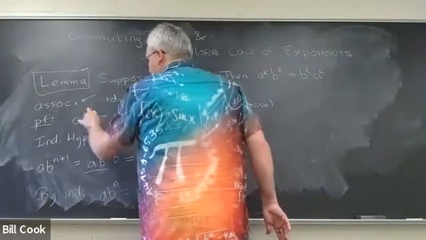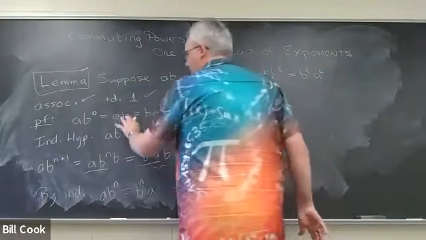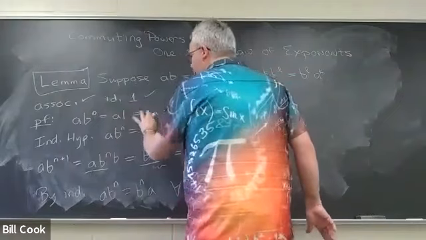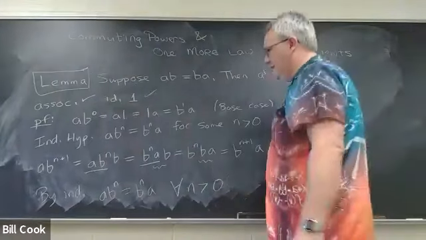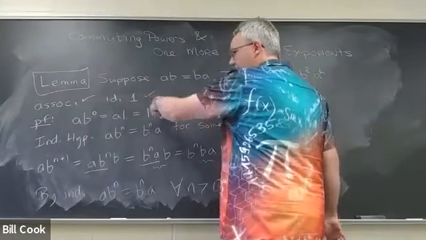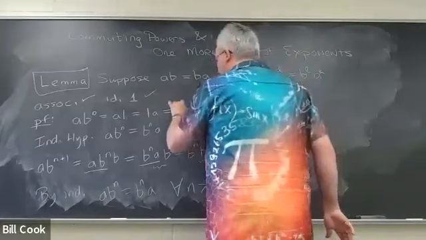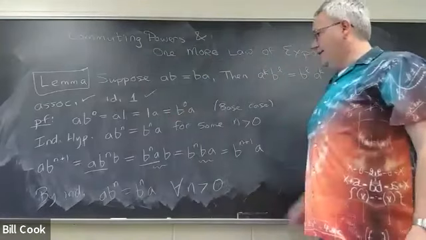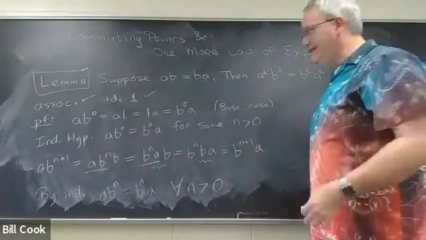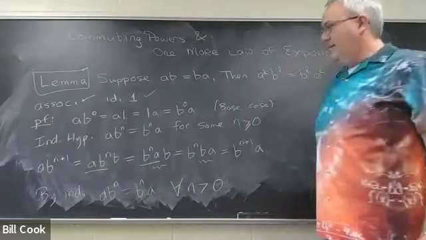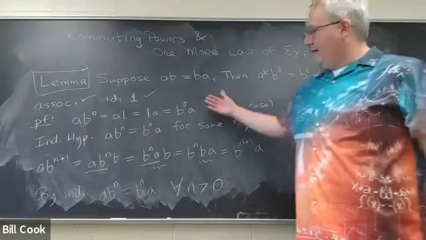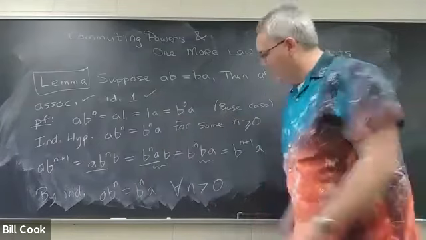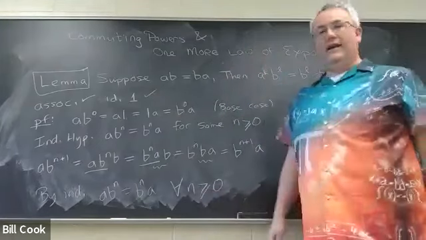B to the 0th power is 1, and 1 times A is A, which is the same thing as A times 1, which is the same thing as B to the 0 times A. And so there we go, our base case holds. Our inductive hypothesis: suppose this holds for some non-negative n. This shows that if it holds for that, it holds for one more, and so it holds for all non-negative n.